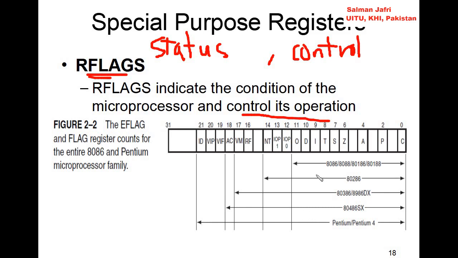And as we can see, there are a couple of these flags over here. This is the original flag register found in the baseline processors 8086 and onwards. In the 80286, these additional flags were introduced. In the 386 and 486 processors, we can see these additional flags. And Pentium and above and core processors have these 21 bits of flags.